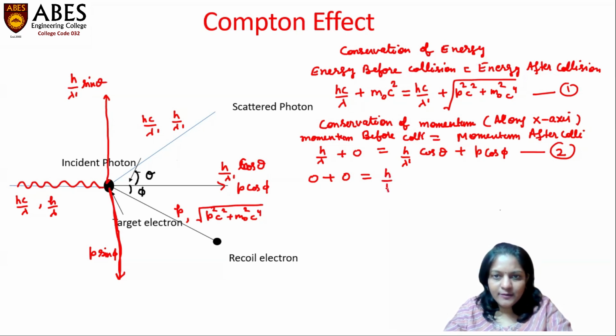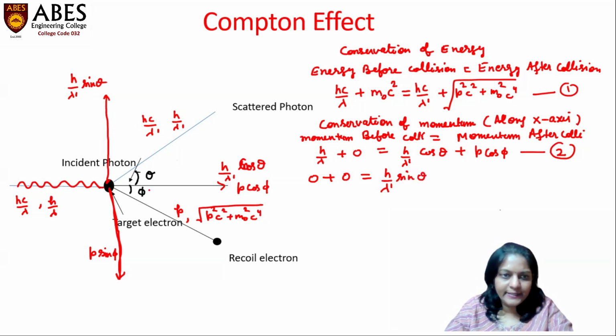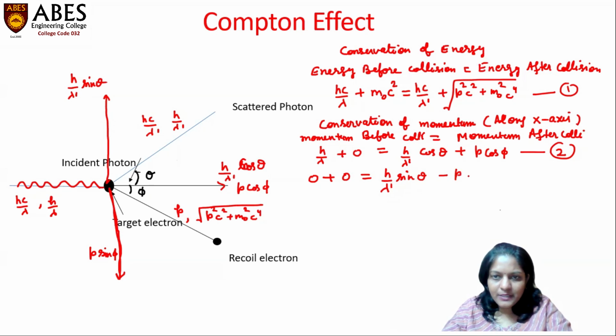After collision, the component of the momentum along the y-axis is h upon lambda dash sine theta, and in the y direction it is minus p sine phi. This is the equation number 3. So with the help of these three equations, we will solve Compton shift.